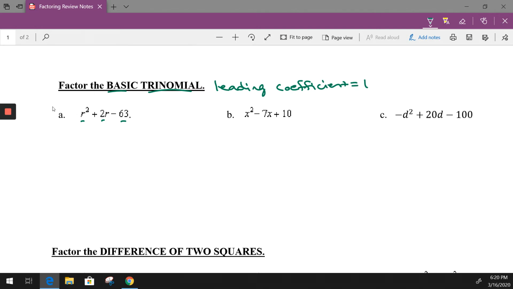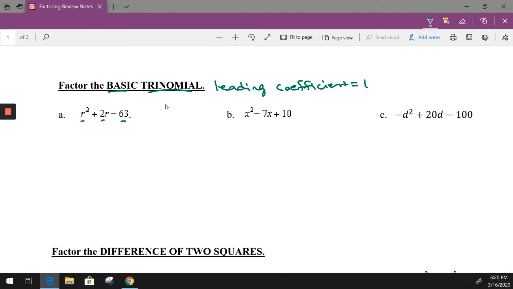So A is what we call the leading coefficient, and it is 1. If you look at all of these trinomials, you have r squared and r and then a constant, x squared and x and a constant, d squared, d and a constant. The first 2 examples have a leading coefficient of 1, but the third one has a leading coefficient of -1, which we will have to factor out when we get to that problem.